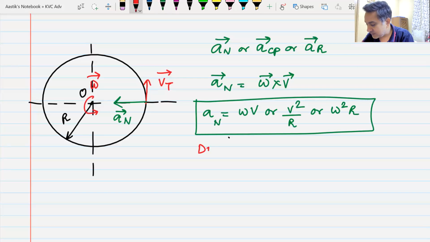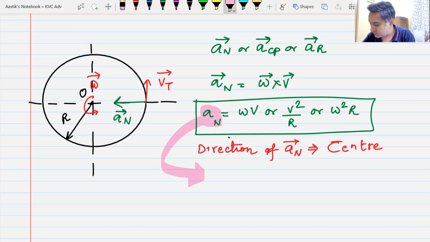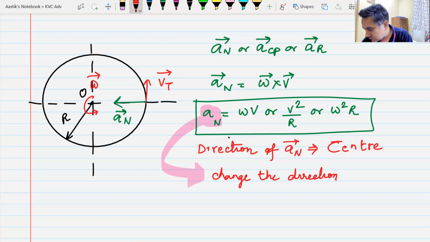The direction of normal acceleration, in which direction does it point? It's always towards the center, and therefore it is known as centripetal acceleration. What is the job of this normal or centripetal acceleration? The job is to change the direction of velocity.